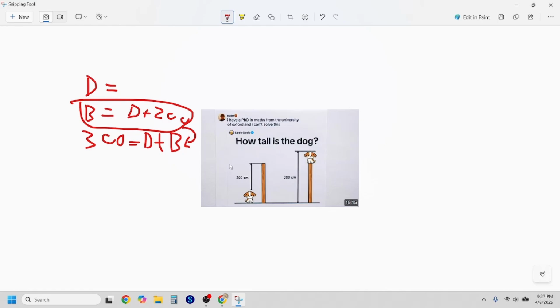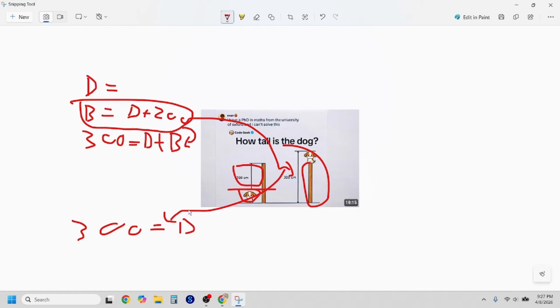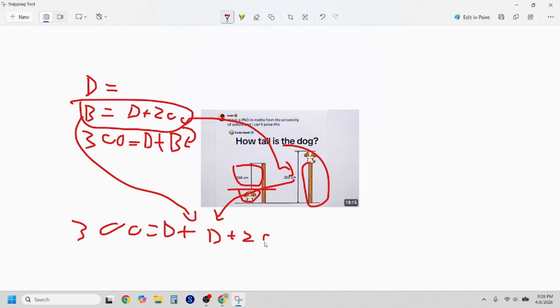Because we said that the height of the board is equal to the dog plus 200, we can literally say that 300 is equal to the dog plus the board, which is the same thing as D plus D plus 200, which means that the height of two dogs, sorry for my terrible handwriting, I'm not used to writing with a mouse, two dogs is equal to 100.